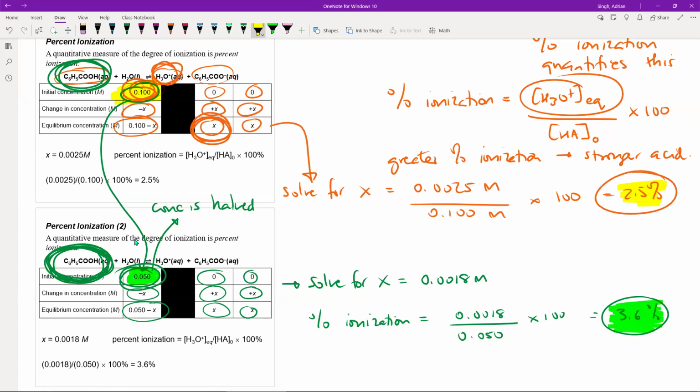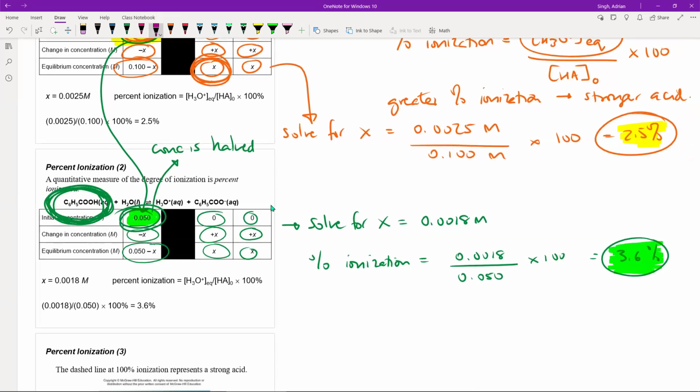So the general principle that we can extract from this example is that, all other things being the same, if the concentration of the weak acid decreases, as we did in this example, the percent ionization increases.